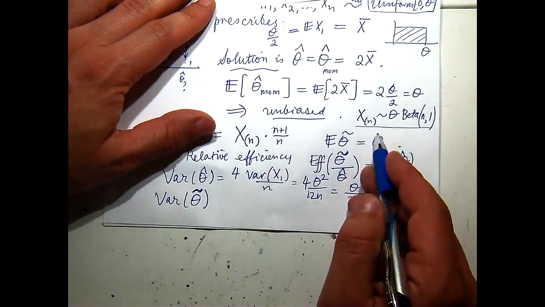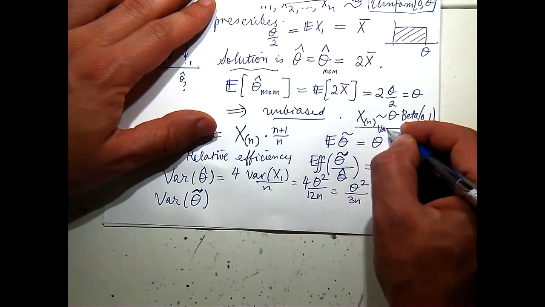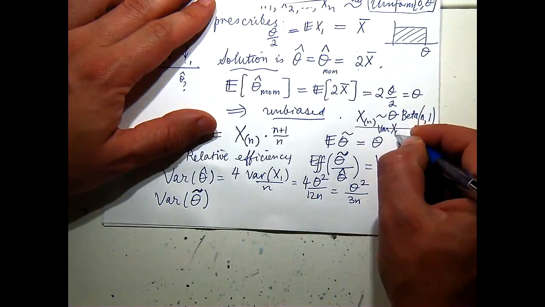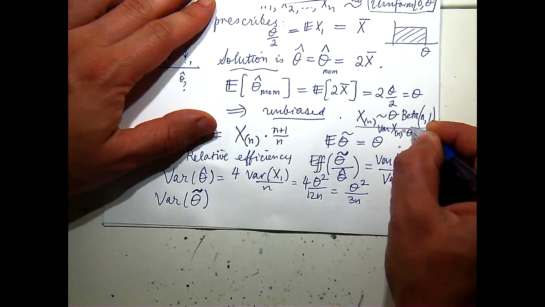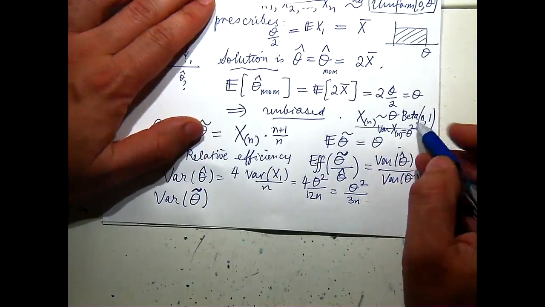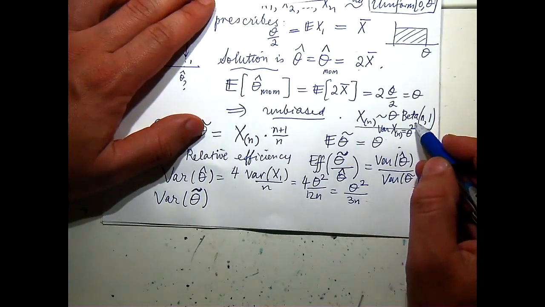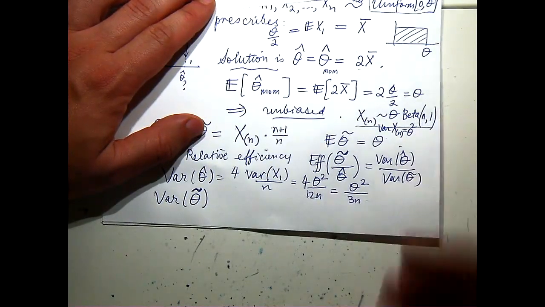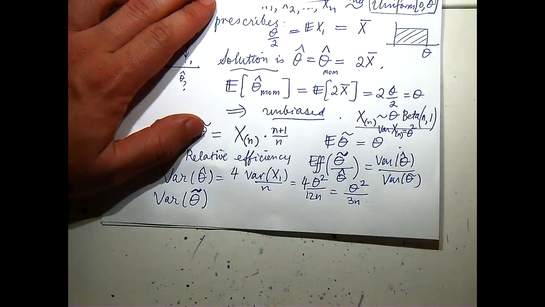So the variance of xn, well, I'd better get a theta squared because of the theta coefficient. And then the variance of a beta, you might remember, gee, what was it? On the bottom you had alpha plus beta squared times alpha plus beta plus 1. On the top you had alpha times beta, I think.